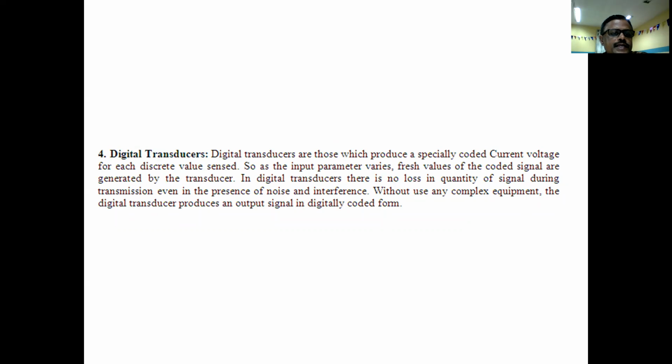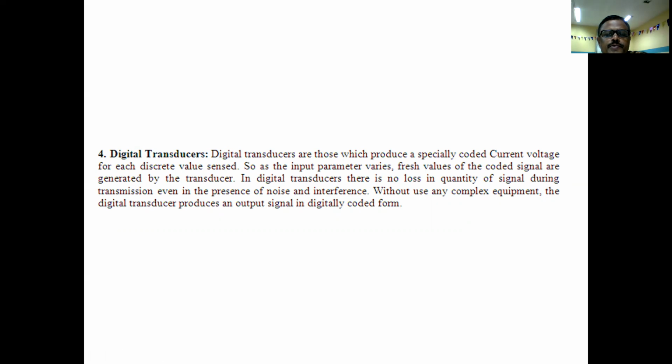Then we have digital transducers. Digital transducers are those which produce specially coded current voltage for each discrete value that is sensed.